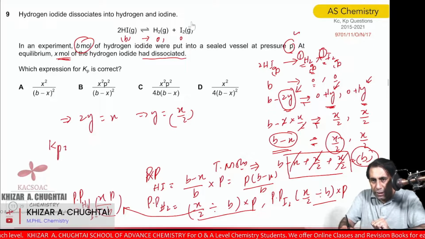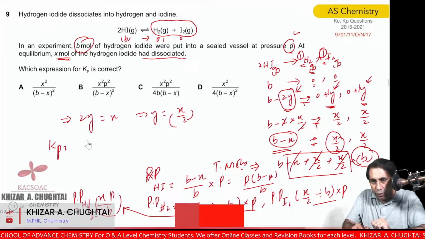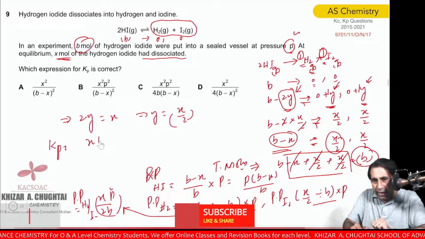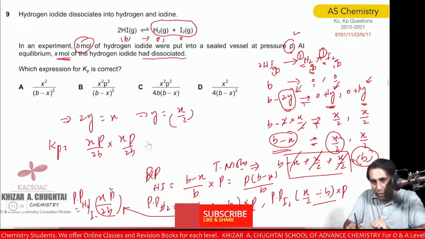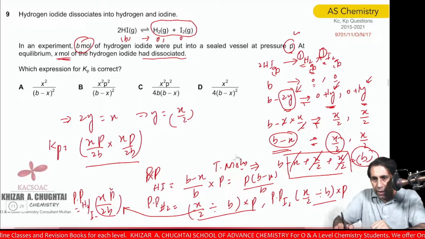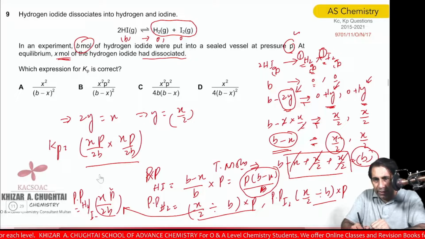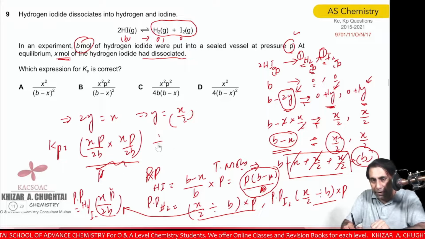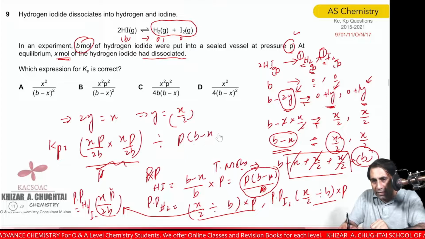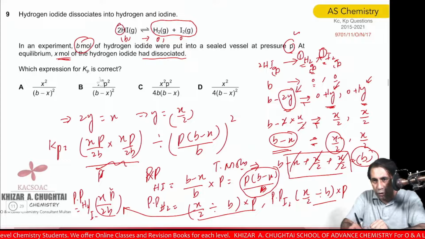Kp is equal to the species present on the right hand side will be in numerator, so it's equal to Xp over 2B multiplied by Xp over 2B, and divided by the partial pressure of hydrogen iodide, that is P, I'm going to write it over here, divided by P(B minus X) divided by B, whole square, because it's having 2 over here.